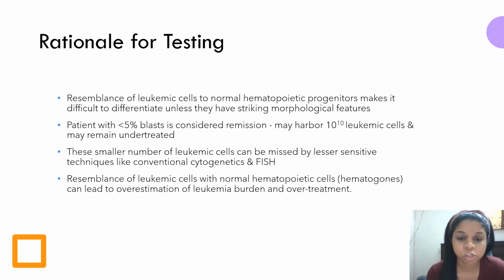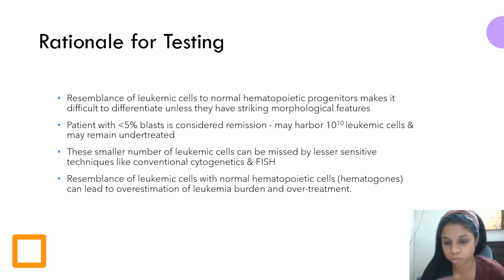Because of the resemblance, there can be overtreatment also. Why we said overtreatment here: when you are giving treatment and then you stop it, suppose it was less than 5% blast and you just thought okay, now the patient is in remission, so you are not doing anything. Then later on the bone marrow is regenerating.